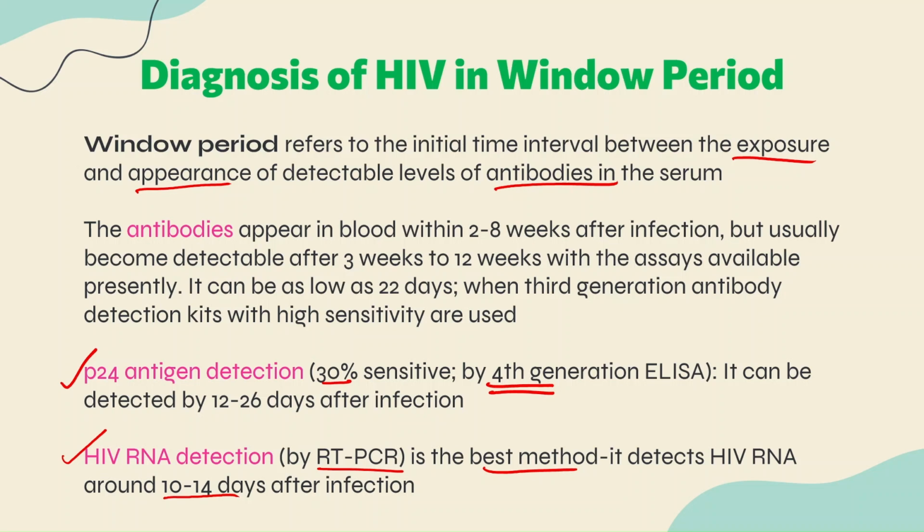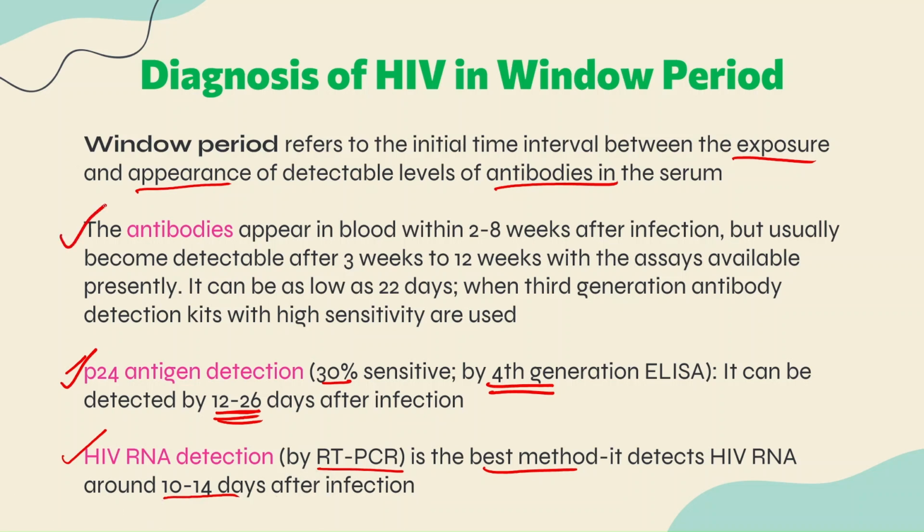We saw that in the table, yes or no? And this is going to detect the HIV antigen within 12 to 26 days after infection. While describing the P24 antigen detection test, I already said that the P24 antigen becomes detectable only after 12 to 26 days after infection. So this is also one of the tests.